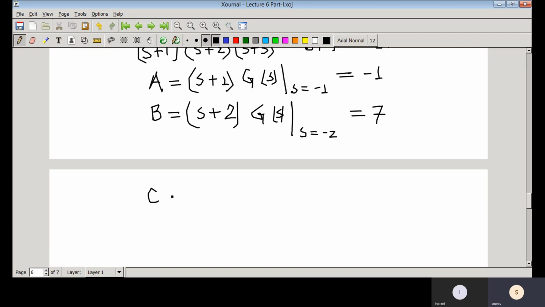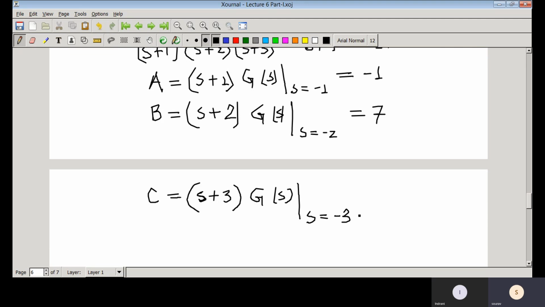Then C, it would be s plus 3 into G(s), and you find it at s equal to minus 3.